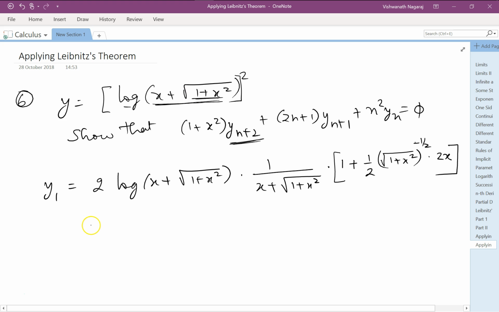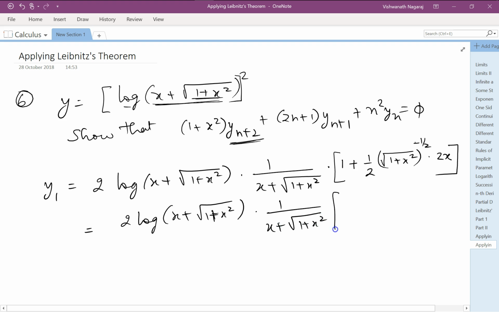Okay, now let's do some simplifications. 2 log x plus square root of 1 plus x square, and then 1 by x plus square root of 1 plus x square, and here let's take LCM. This basically goes down because it is minus half. We can take it to the denominator, so we can take it as square root of 1 plus x square.